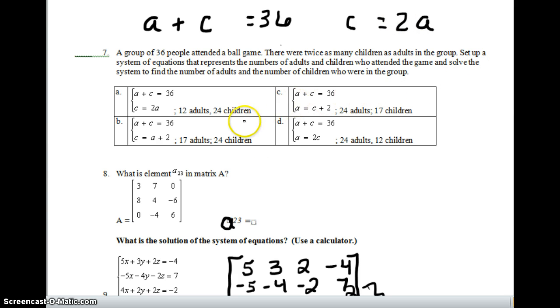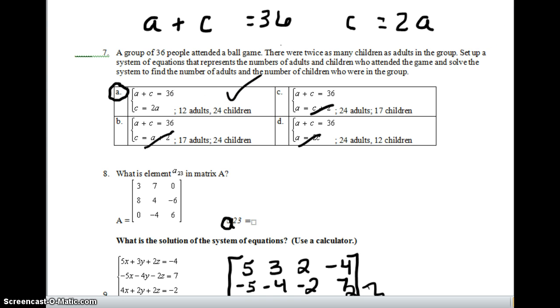So let's take a look at which one of these setups does that. That's a +2, that one's out. That's a +2, that one's out. And that is not c equals 2a, that's a equals 2c. A is our correct answer. And lo and behold, there's twice as many children as there are adults.